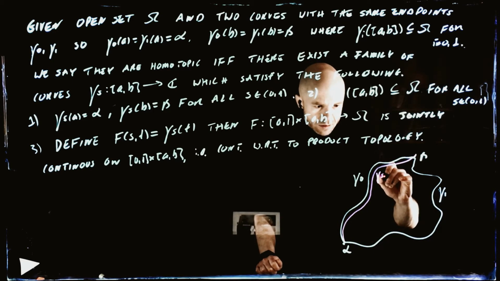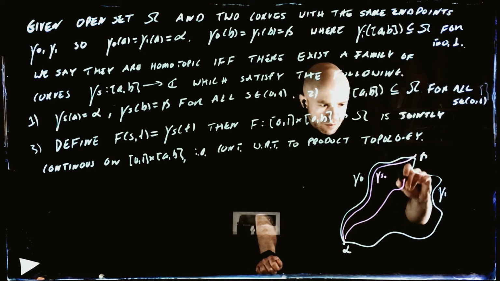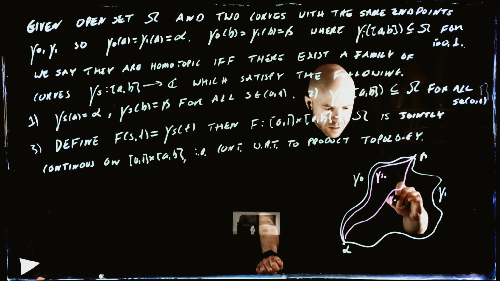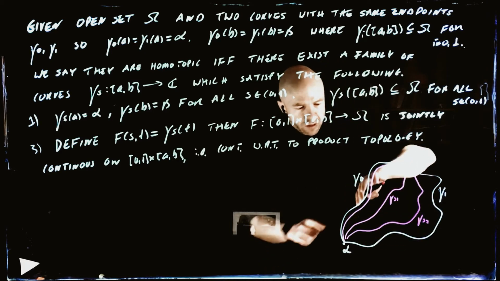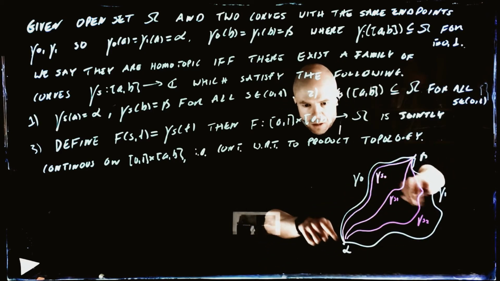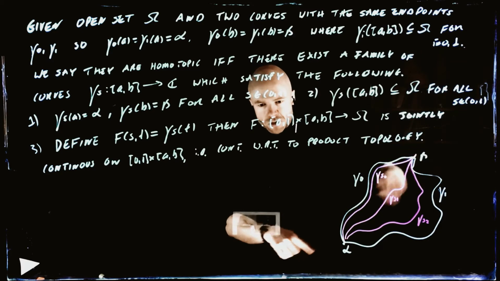So let's say this is S0, and then there's another one. So this is gamma S1, and say this is another one, gamma S2, and so on. It's smoothly deformed from one to the other, where they remain inside the region everywhere.